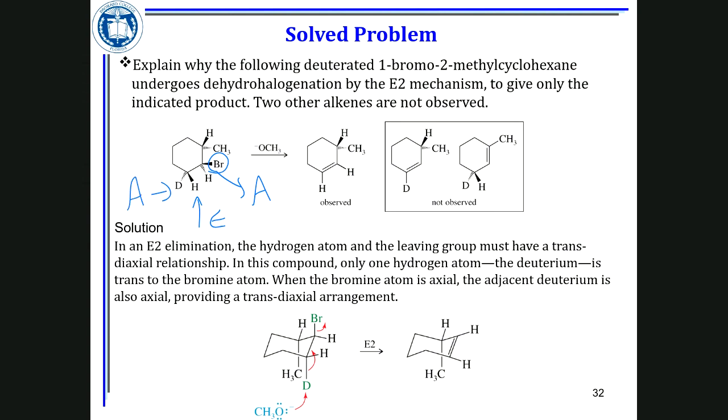And you need to know this from prior chapters. If the group that is coming toward you is axial, on the adjacent carbon the group that is going away from you is going to be axial. If it's coming toward you, it's going to be equatorial.